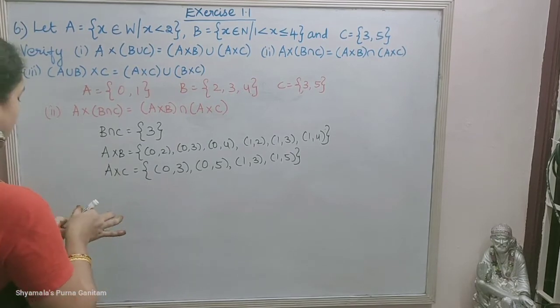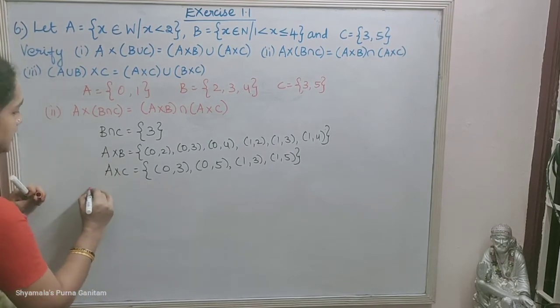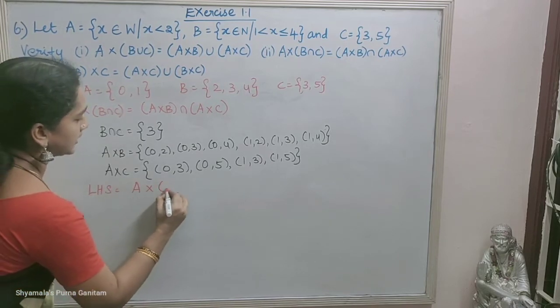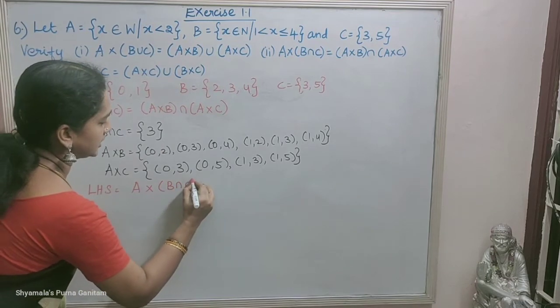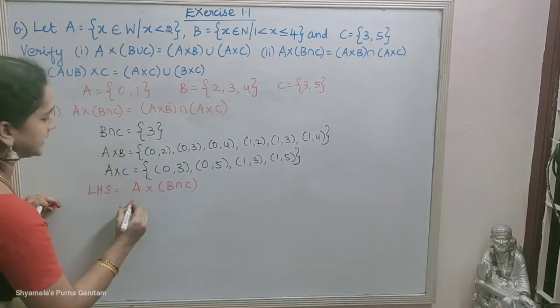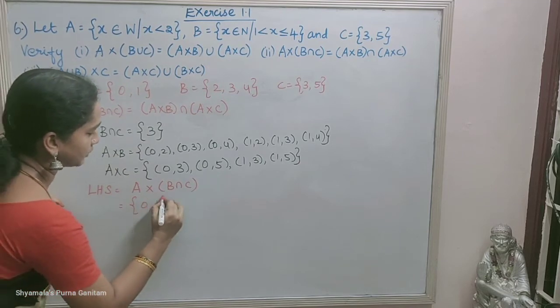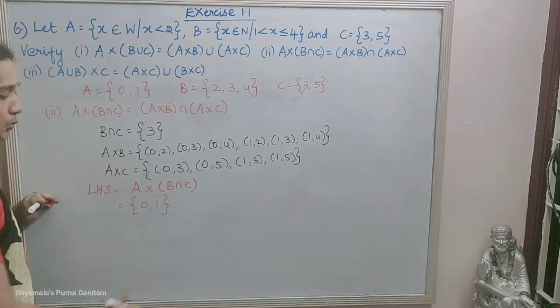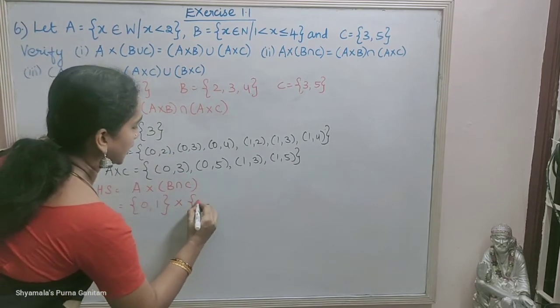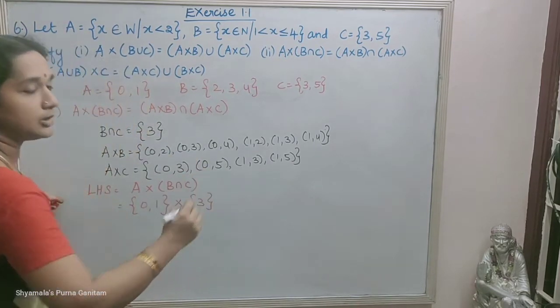Then we will take LHS. So LHS is A cross (B intersection C). Okay, so the elements of A are 0 and 1. Cross B intersection C, for that the element is only 3.